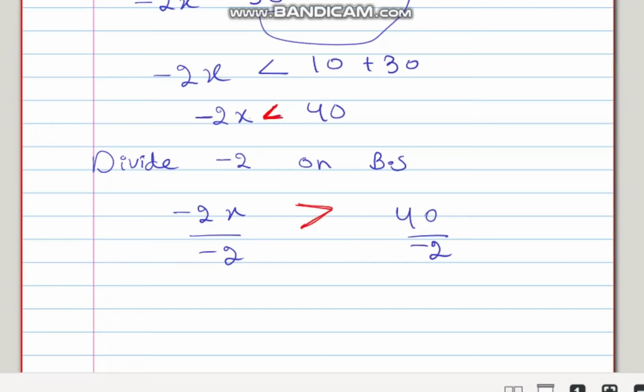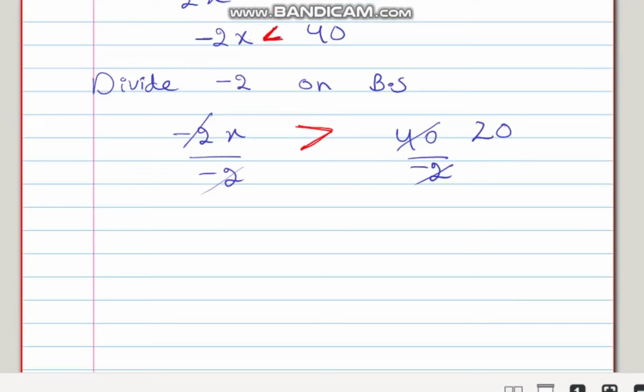Please simplify these expressions. Minus 2 will be cancelled out because these are the same, and 2 multiplied by 20 is 40. The minus will go along, and I can write minus 20. So this will be our second part.